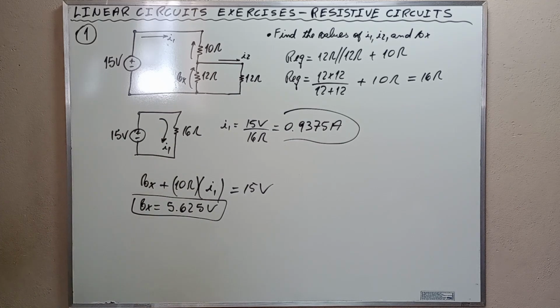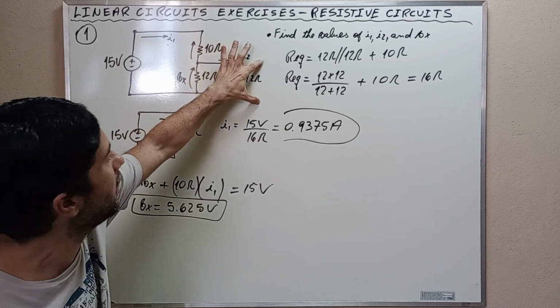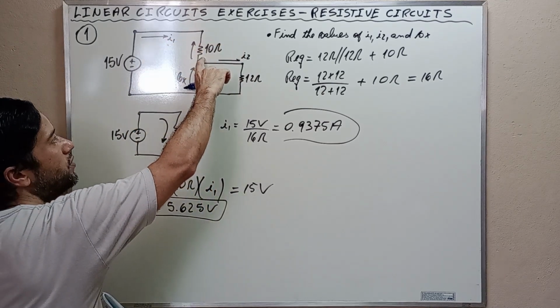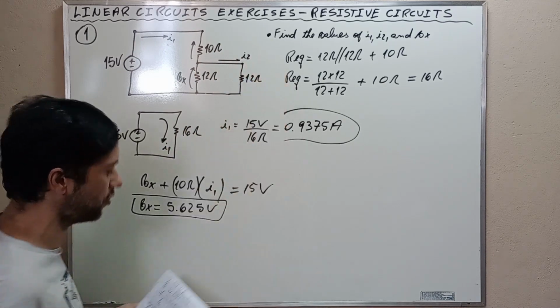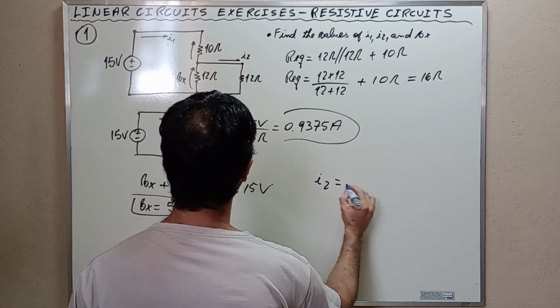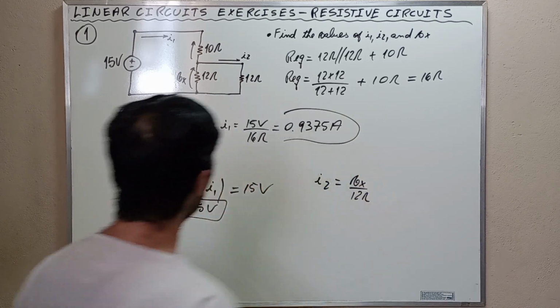Lastly, we are going to find the value of I2. Using the value of Vx, we obtain I2. See that Vx is on top of both this resistor and this resistor. So I2 is equal to Vx divided by 12 ohms.